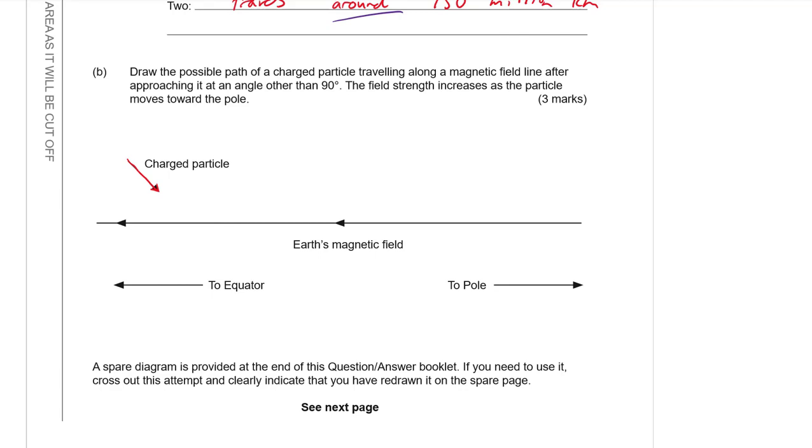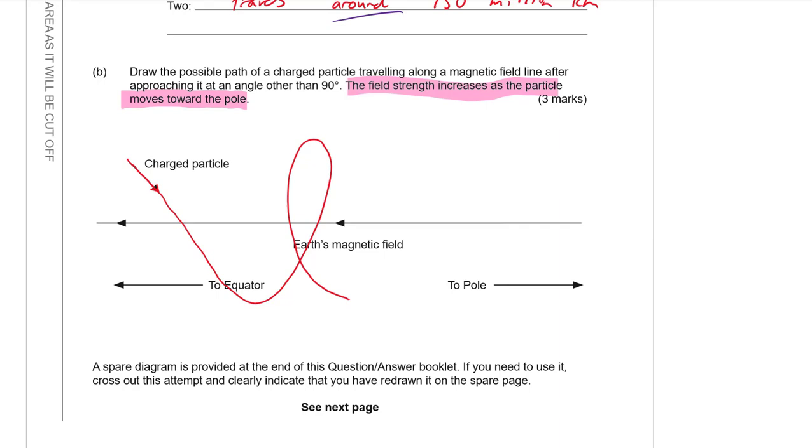So what actually happens, and you've probably seen this in demos, is as the particle moves at an angle, only its perpendicular component of the velocity actually goes in a circle. So what happens is it goes into a spiral. So what you would draw is a spiral, and the velocity will remain constant, but importantly it says here that the field strength increases as the particle moves towards the pole, which is what you'd expect because all the field lines come together.